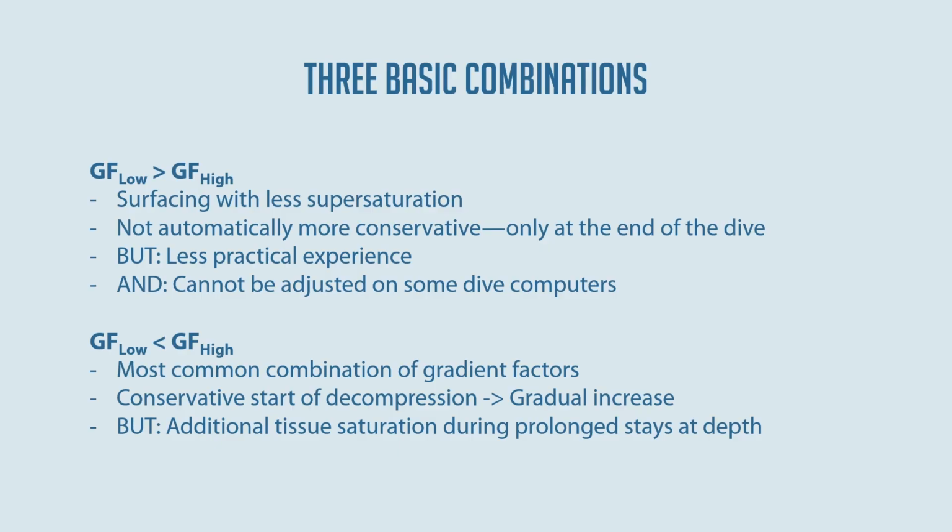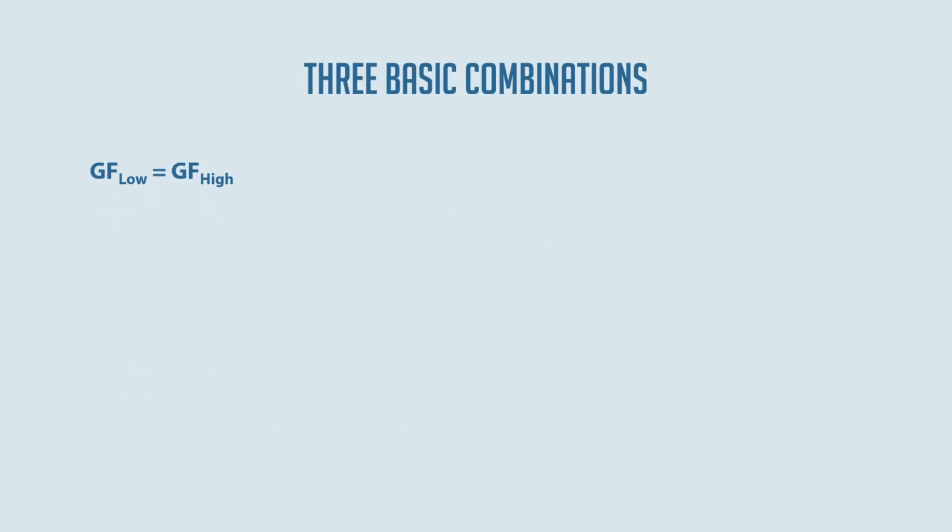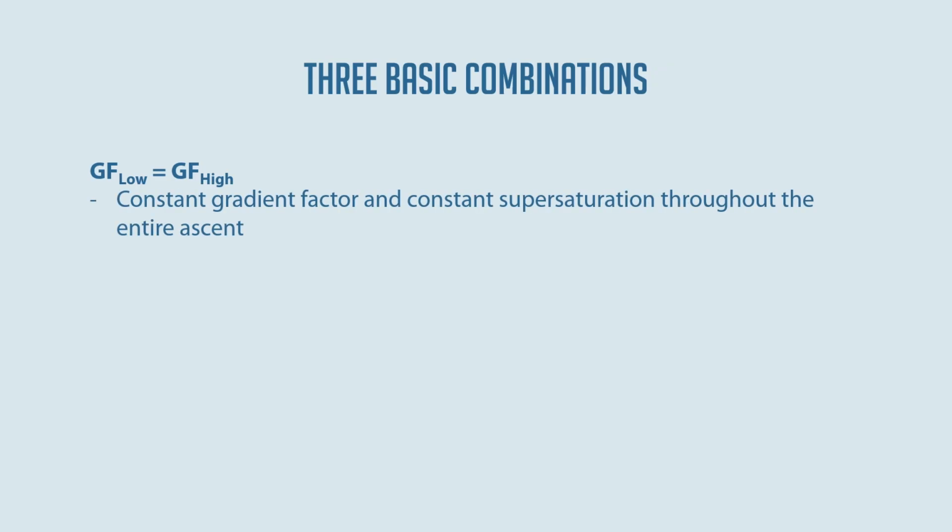A very specific case arises when we set GF low equal to GF high, meaning that the gradient factor, and thus the tolerated supersaturation, remains constant through the entire ascent. However, according to current findings, this combination does not provide any primary benefit in terms of overall safety.